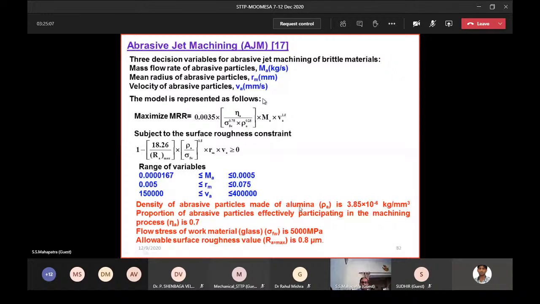And the proportion of abrasive particles effectively participating in the machining, that is eta A, is taken as 0.7 in the equation. The flow stress of the work material, glass, sigma FW, is 5000 MPa. Allowable surface roughness value is 0.8 micron.